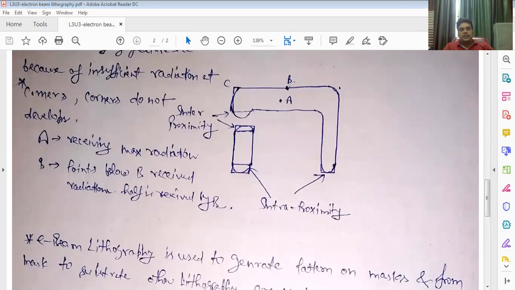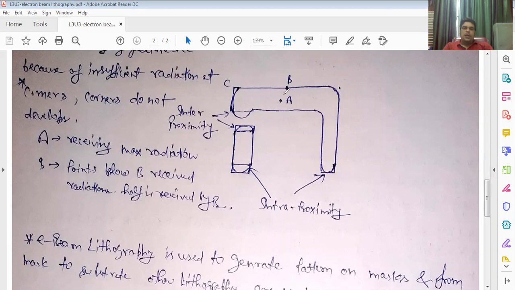But let us consider this point B. The points below point B are receiving sufficient electron beam radiation, but the points above point B are not receiving any electron beam radiation. So points below B receive radiation that is actually half the radiation that was received by point A.